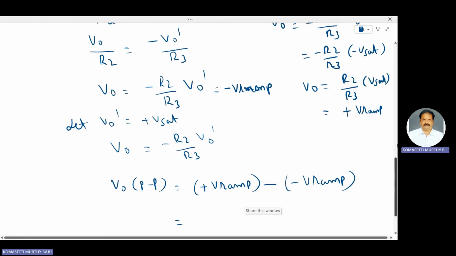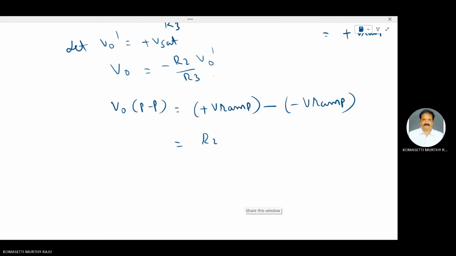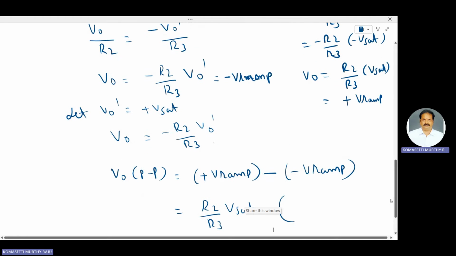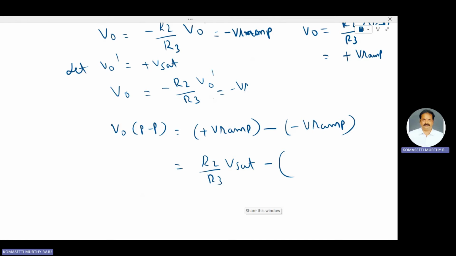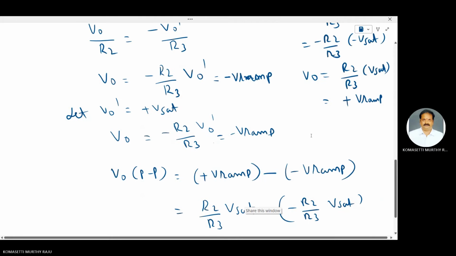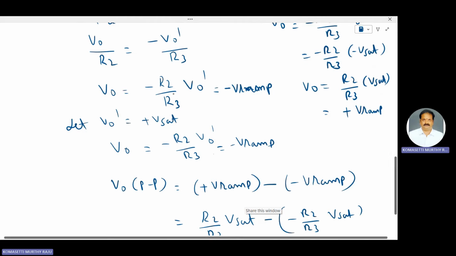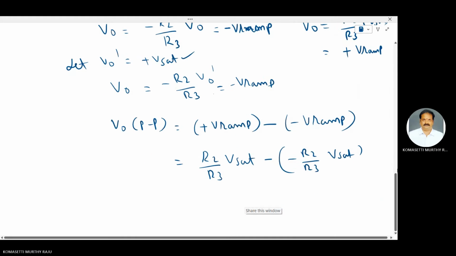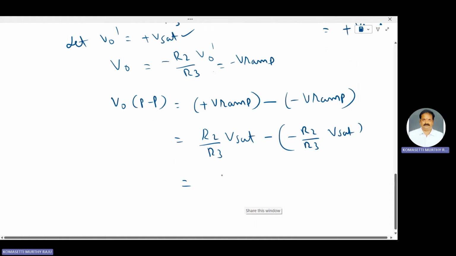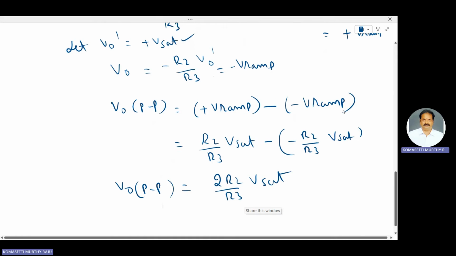That is, plus V ramp is equal to R2 by R3 V sat, and minus V ramp is equal to minus R2 by R3 V sat. Finally, the V0 peak to peak value is equal to 2 R2 by R3 V sat.